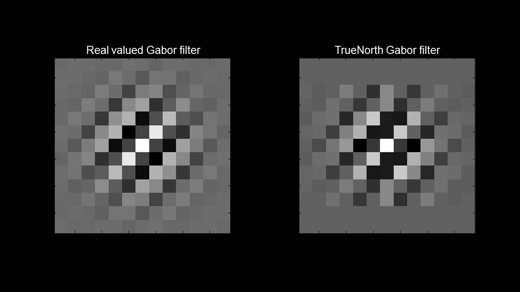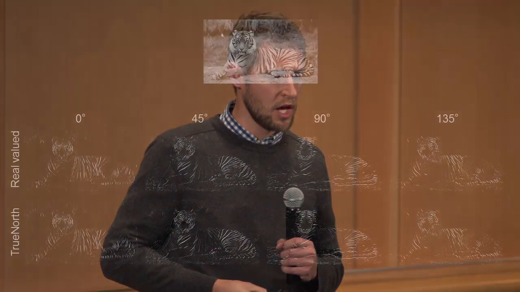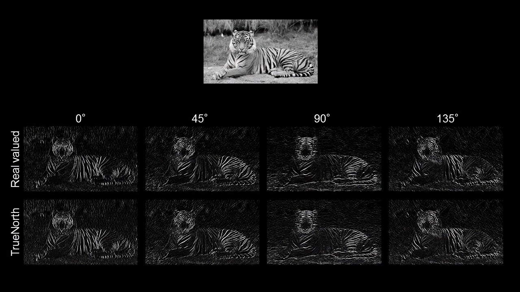We have a real valued traditional version of this Gabor filter on the left, and on the right, you can see that we can produce a viable representation of this filter in TrueNorth by using our mapping methods. Perhaps more important, if we actually apply this filter to the tiger that David showed you earlier, we can see that both the real valued and the TrueNorth version of this filter are able to extract similar sets of oriented edges. So functionally, they can achieve the same thing.